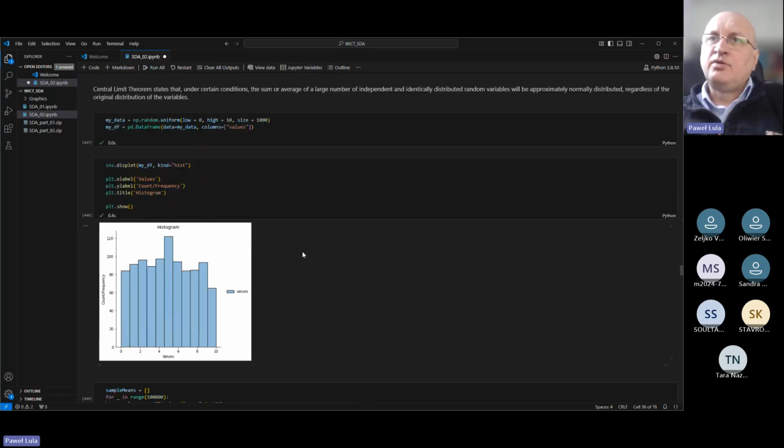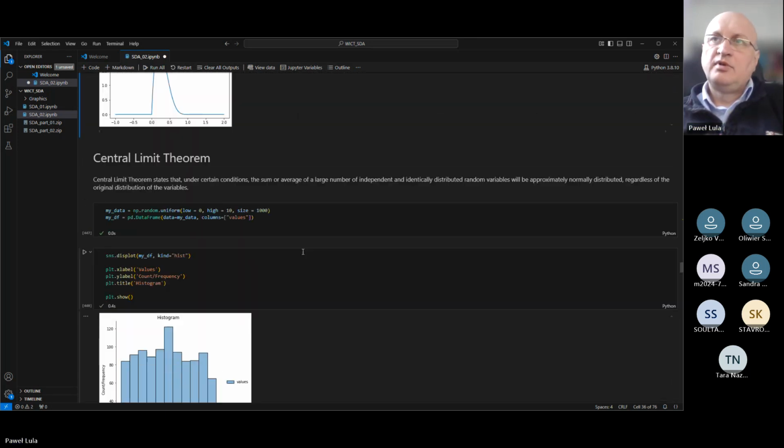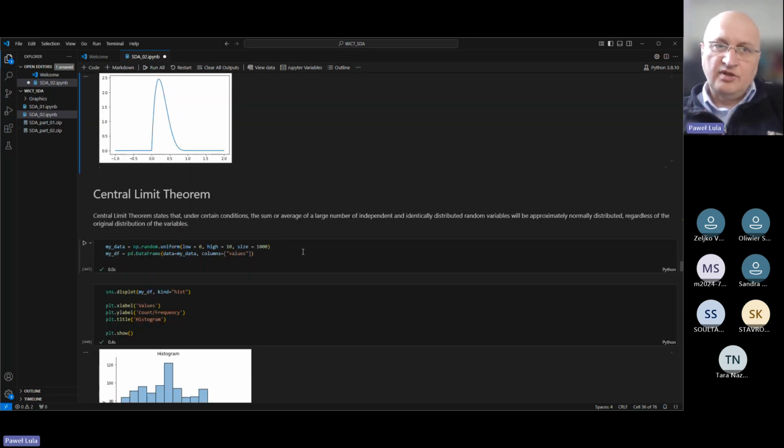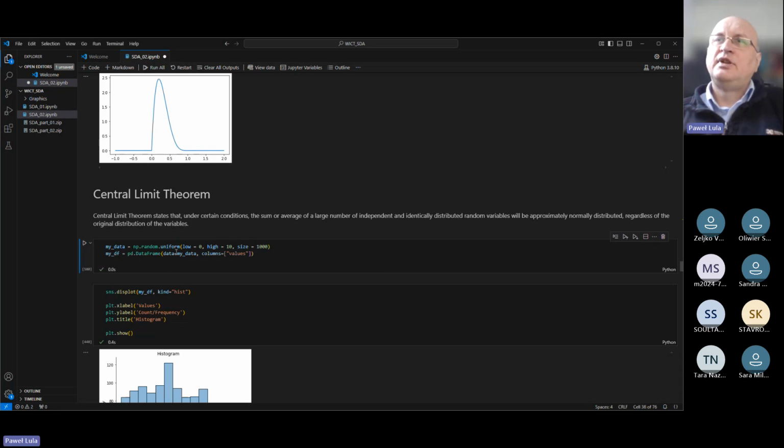I prepared a program which may allow us to interpret this rule, this theorem. Please look at this program.